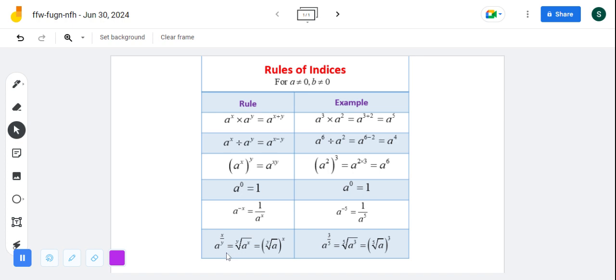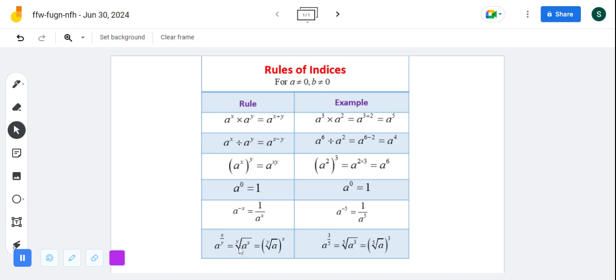And for the last rule, we see where we have the indices and it is x over y.